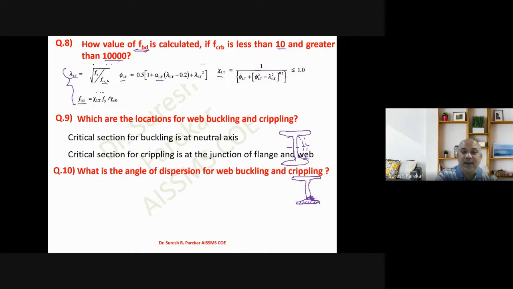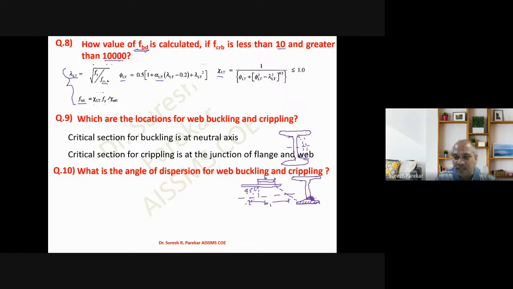Now what is the angle of dispersion? If you remember, we have already seen and plotted it in the sheet also. This is the bearing length. Whenever you plot it, you have to plot the bearing length, and at the neutral axis we have this value B1, and this angle of dispersion is 45 degrees. This will be B1, then B the bearing length.